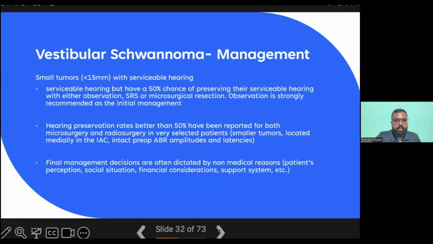Hearing preservation rates better than 50% have been reported for microsurgery and radiosurgery in selected patients: smaller tumors located medial in the IAC, intact pre-op ABR amplitudes and latencies. Final management decisions are often dictated by non-medical reasons, whether it be patient perception, social situation, financial considerations, or support systems.